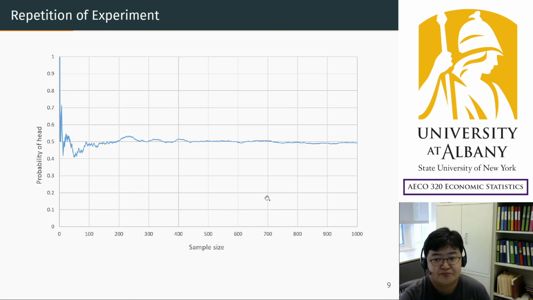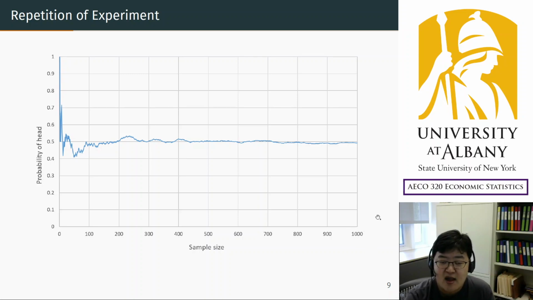So here, this is my actual simulation. I simulated coin toss. I calculated the probability of head, and that means I throw a coin once, twice, three times, up to 1,000 times on computer. My computer does the simulation.